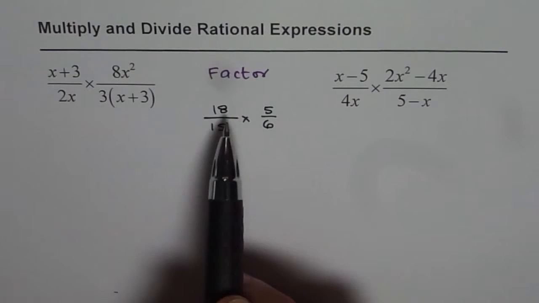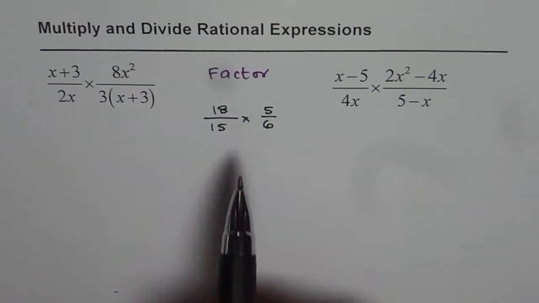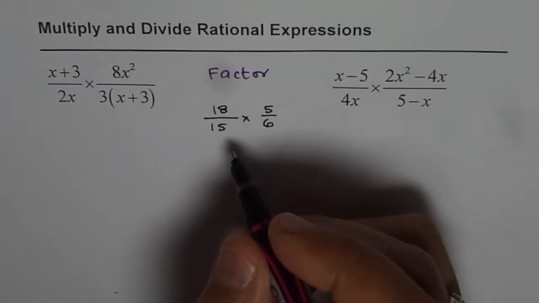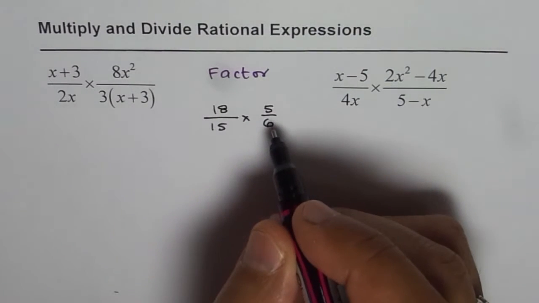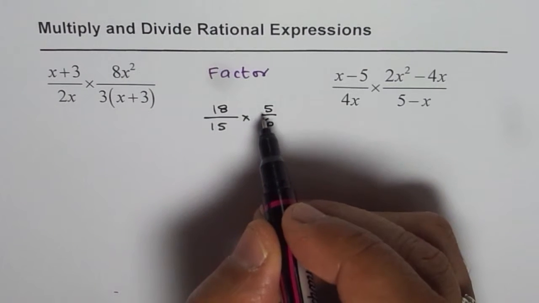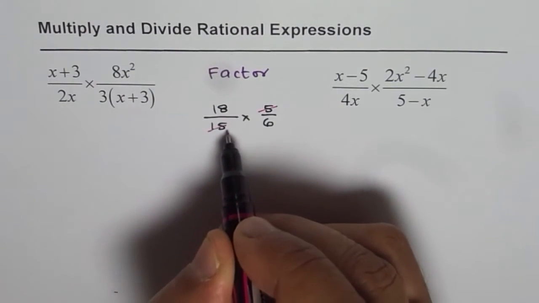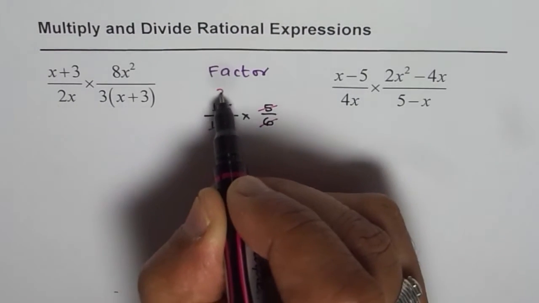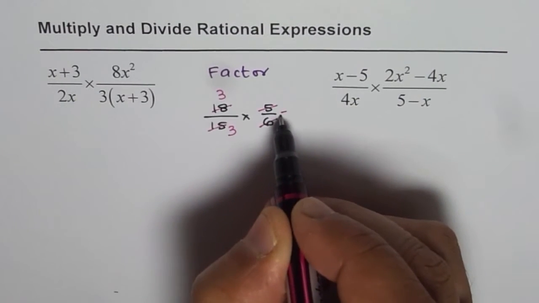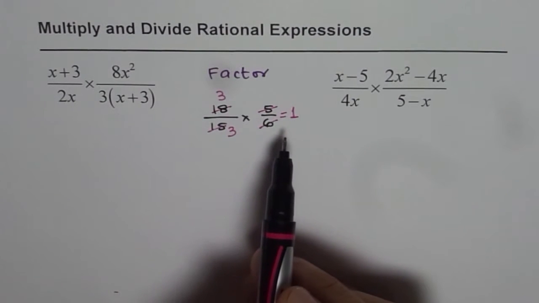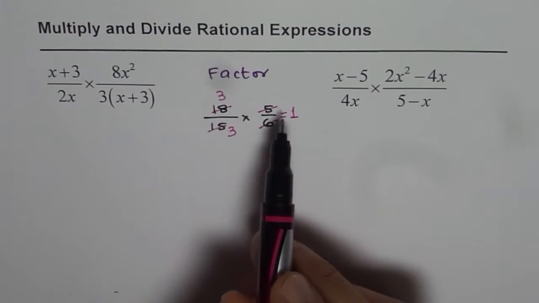But if you multiply first, you'll end up with big numbers. If you simplify first, you can handle lower numbers. If I divide 15 by 5, I get 3. Dividing 18 by 6, 6 is 3 times 3, and 3 divided by 3 is just 1. So it is actually better to first simplify.